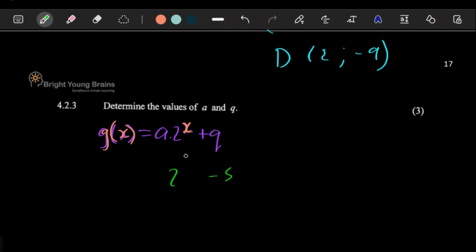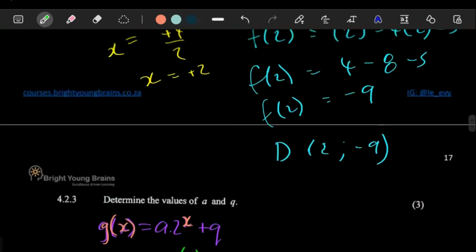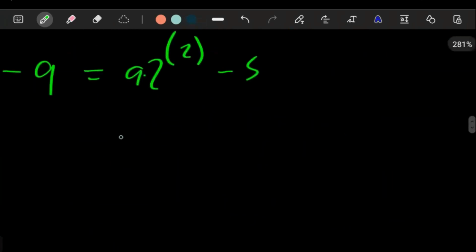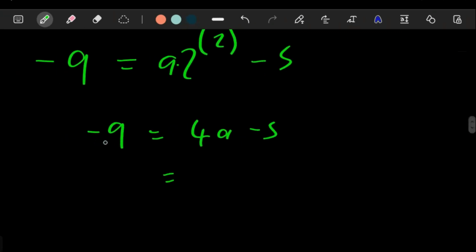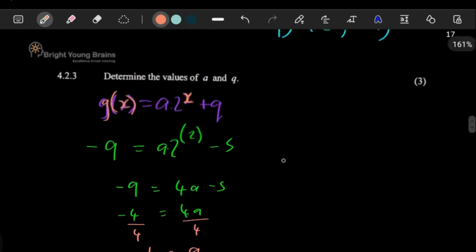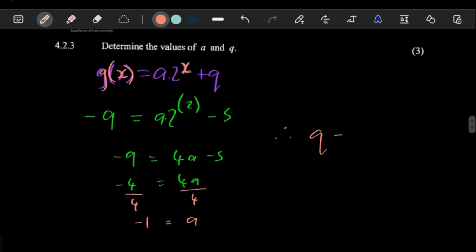And then x, we can put in this x value here, and y, we can put in that y value, because they both pass through D. And then 2 squared here is a 4. And then here -9. Solving for a, -9 plus 5 is like -4. Divide both sides by 4 here. You're going to get -1. So here you have a is -1, q is a -5.